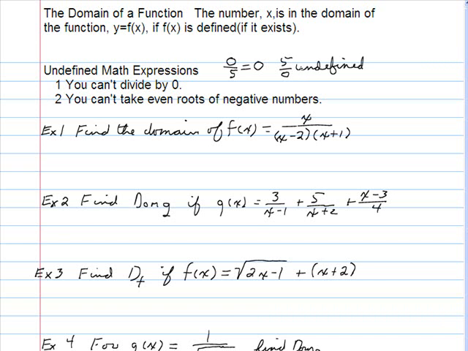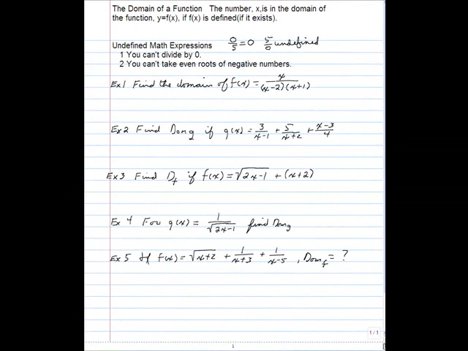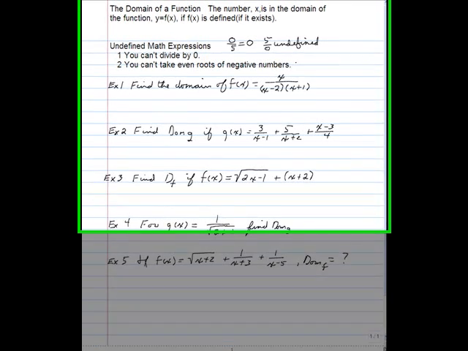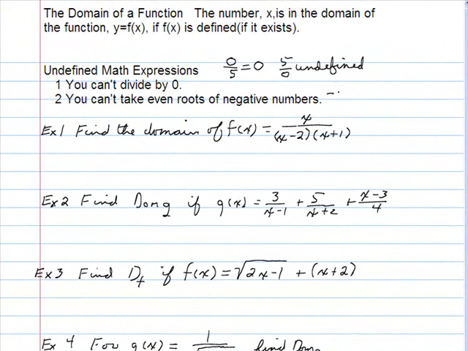So one of the things that you have to look for when you're looking for the domain of a function is making sure that no choice of x causes you to be dividing by 0. The second thing that would make something undefined in math is you can't take even roots of negative numbers. So negative the square root of 16 is okay because I'm taking the square root of the positive number 16 and I get 4.